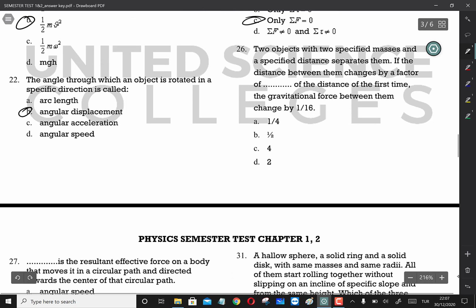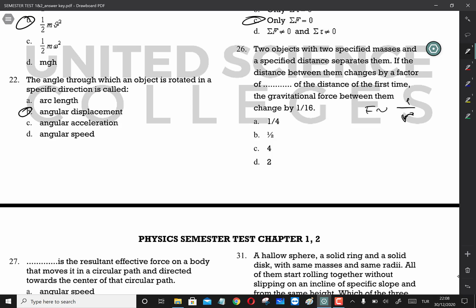Two objects with specified masses are separated by a specified distance. If the distance between them changes by some factor, the gravitational force between them changes by 1/16. So gravitational force is initially F, and we know that F is proportional to 1/r squared, the square of the separation.